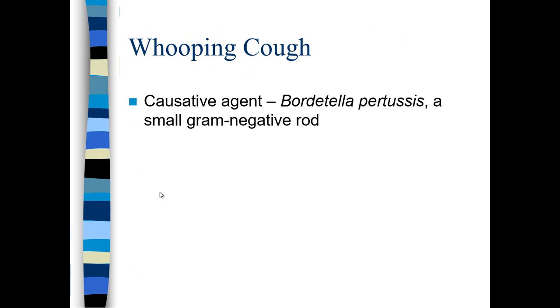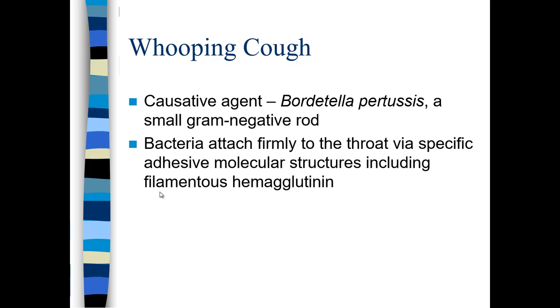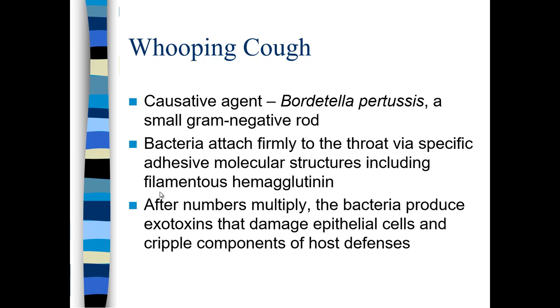Okay. The causative agent, this is why it's called pertussis, is the bacteria Bordetella pertussis. It's a small gram-negative rod. The bacteria has adhesive molecules like filamentous hemagglutinin, and it firmly adheres to the throat, so it's difficult to cough out.